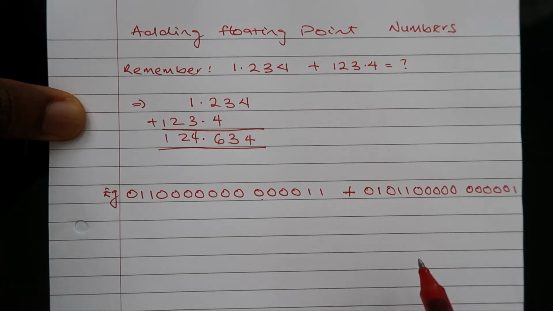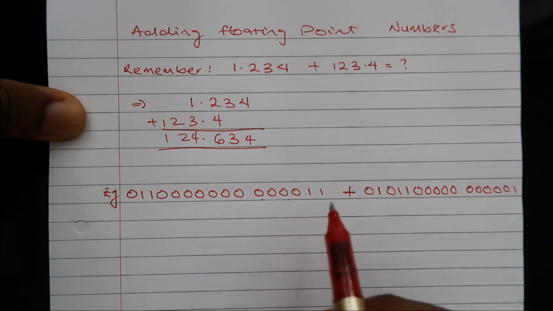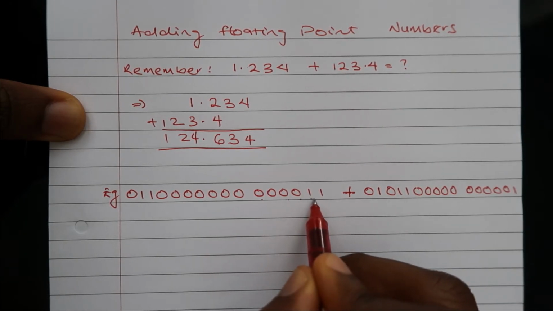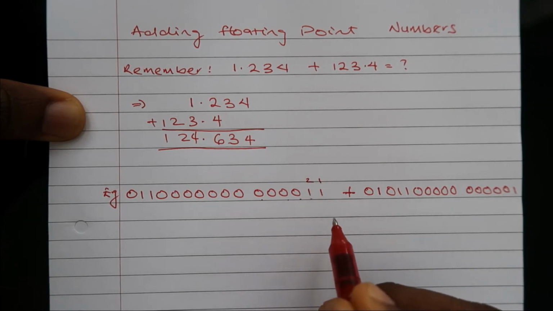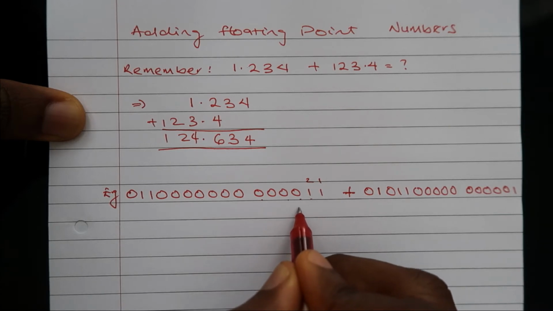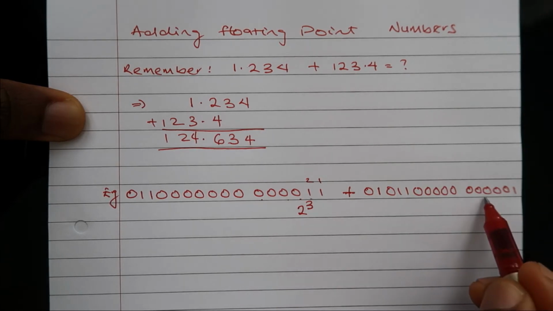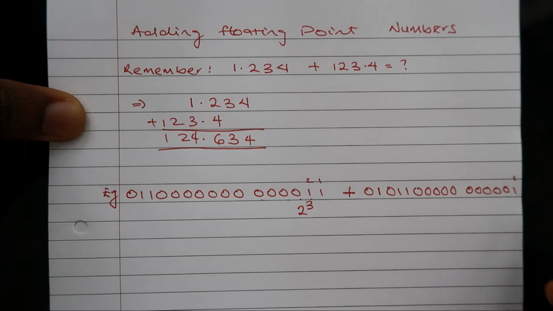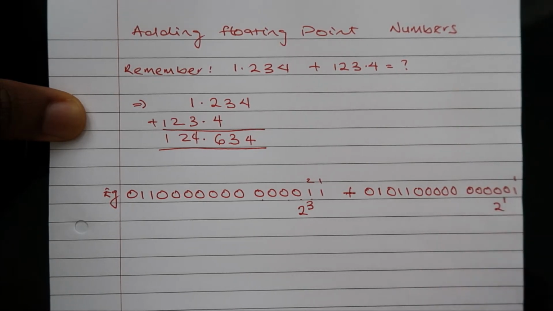The next thing I have to do is find the value of our exponents. The value of this exponent here is 1 and 2, which is 3. So we're looking at 2 to the power 3. The value of this exponent here is 1, so we're looking at 2 to the power 1.